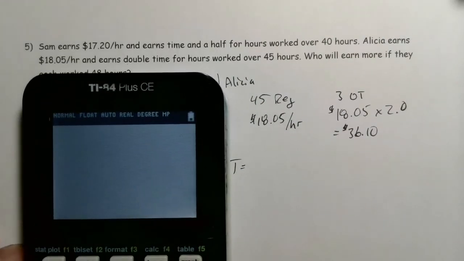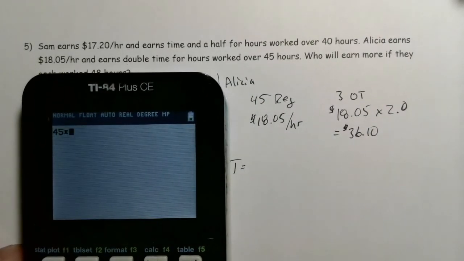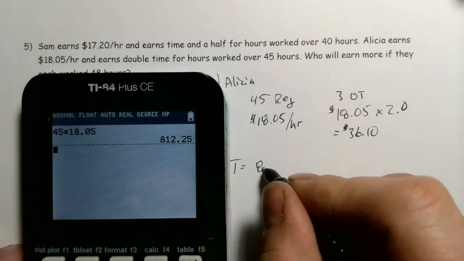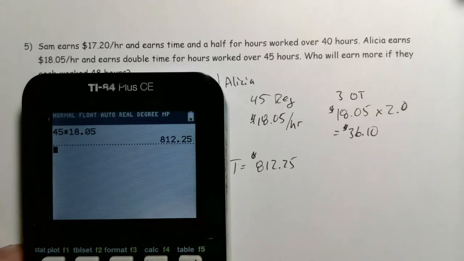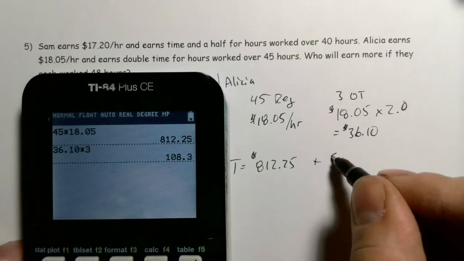So her total will be, well, let's figure that out here. That's going to be 45 multiplied by $18.05. So $812.25, that's the regular pay. And then it'll be $36.10 multiplied by the 3 hours of overtime she gets.